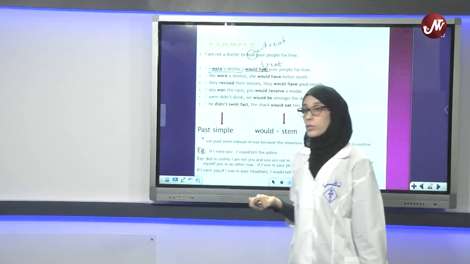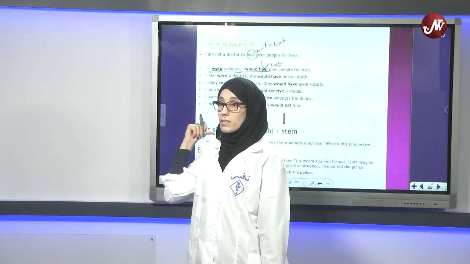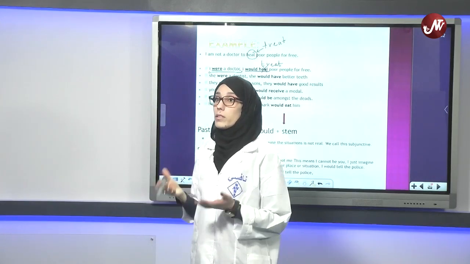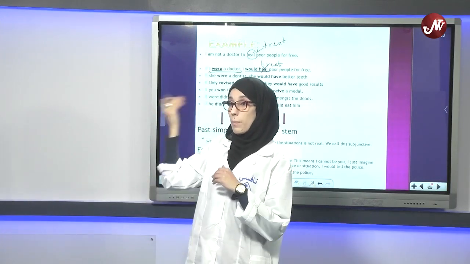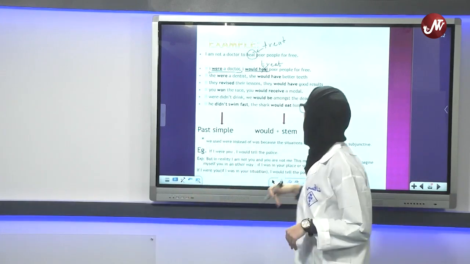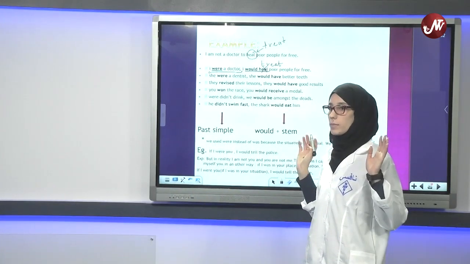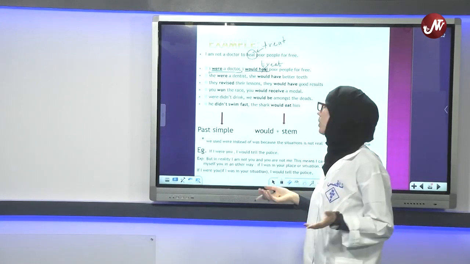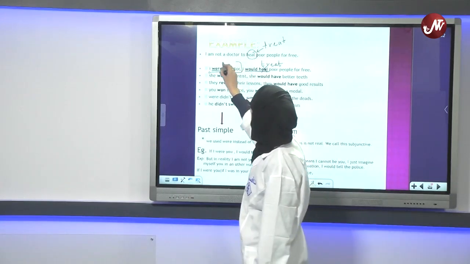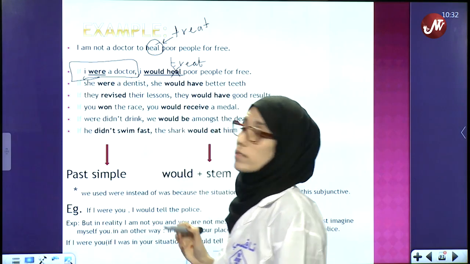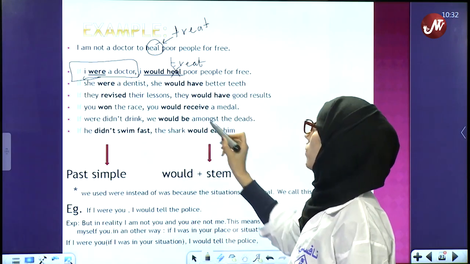So if I were a doctor in the past, okay, now we are going to talk about a fact, not here at present, because now it's too late to be a doctor. Okay, now I am a teacher. It's too late to be a doctor. So this is impossible. So this condition is impossible.